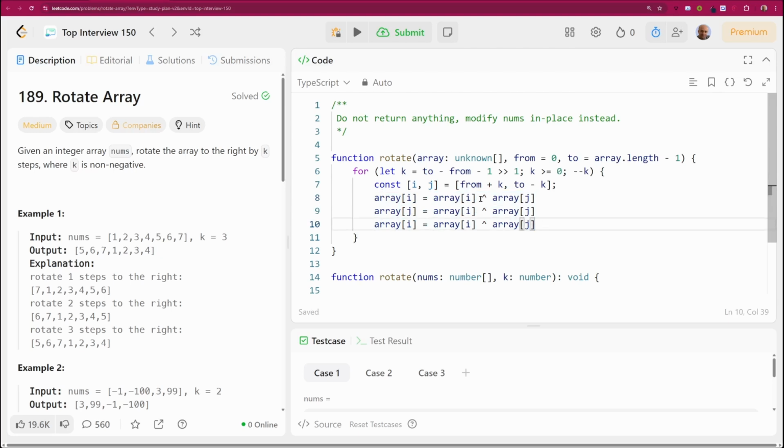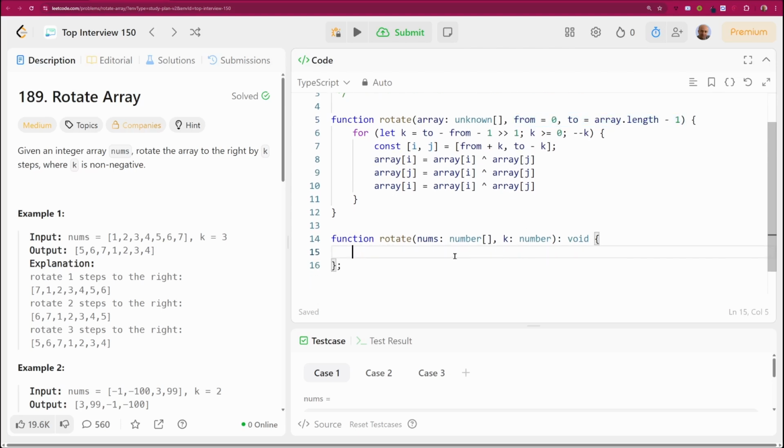Okay, this is an XOR, bitwise XOR, sorry, not binary, bitwise XOR. So this thing should rotate a segment of the array starting from an index to an inclusive index. So these are both indices.